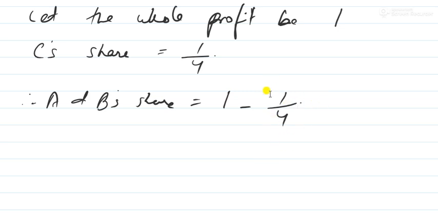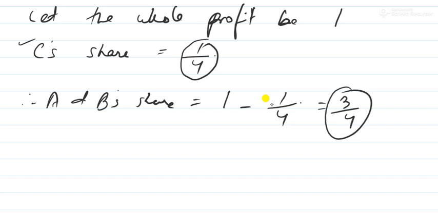If you deduct C's share from the whole share, obviously you will get the share of A and B. So 1/4 is the profit sharing ratio of C, and 3/4 is the profit sharing ratio of A and B.